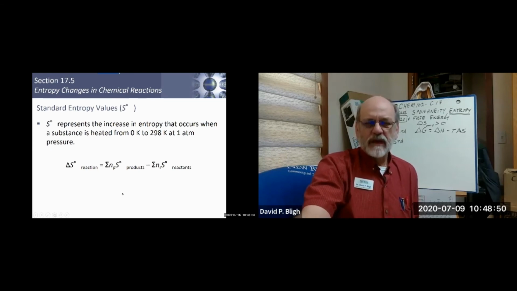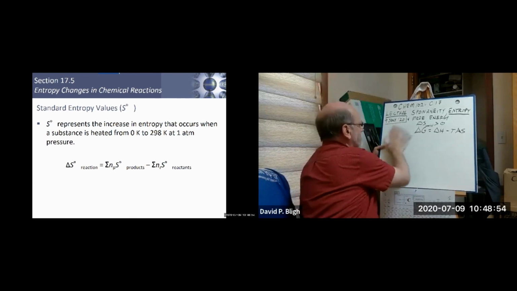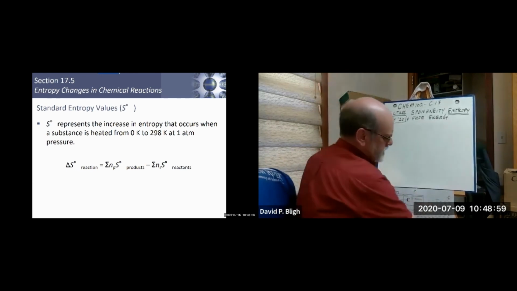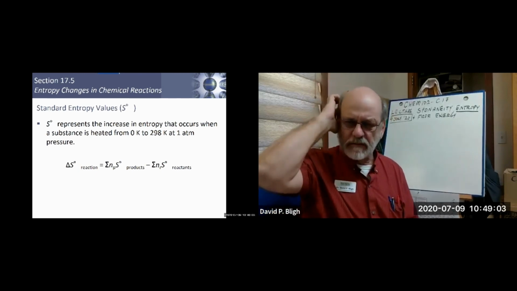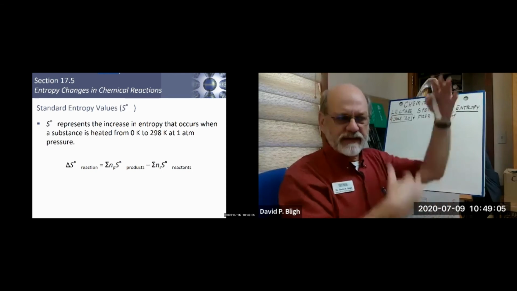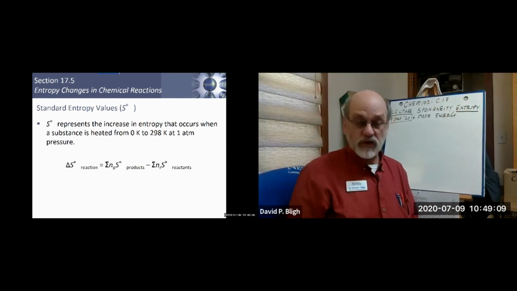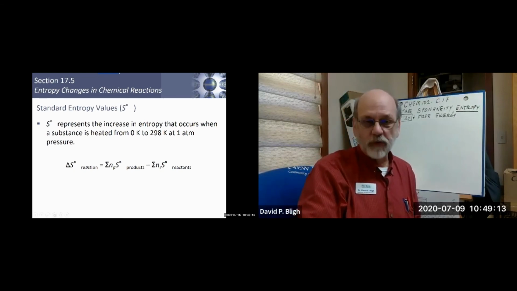Okay, so what if we are presented with a problem that requires a calculation, and we have a table of values? Can you calculate the delta S for a reaction? Well, the answer is yes.